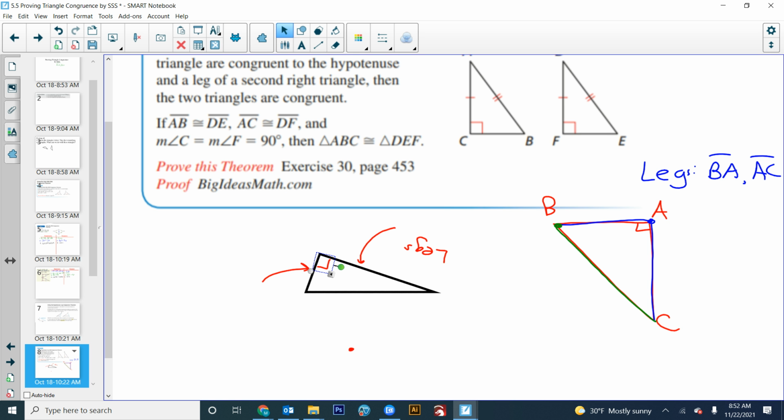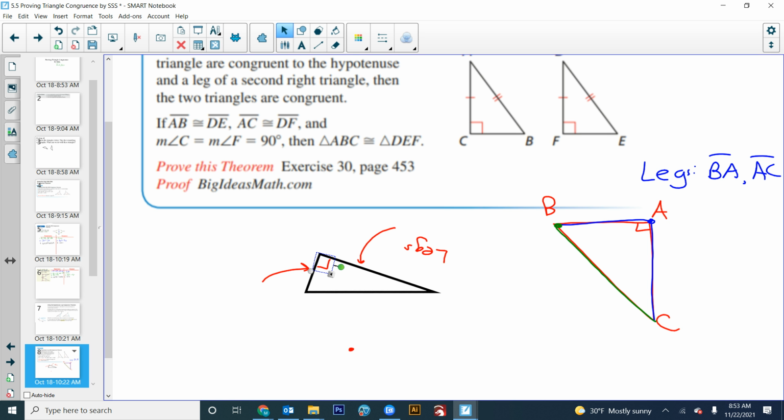We already talked about that two angles in a right triangle have to be complementary. They have to add up to 90. Well, we already have a 90. You guys need to really listen to this. We're really going to dive deep into this for whole chapters. If we already have one right angle and the other two are complementary, doesn't the right angle have to be the biggest angle in a right triangle?